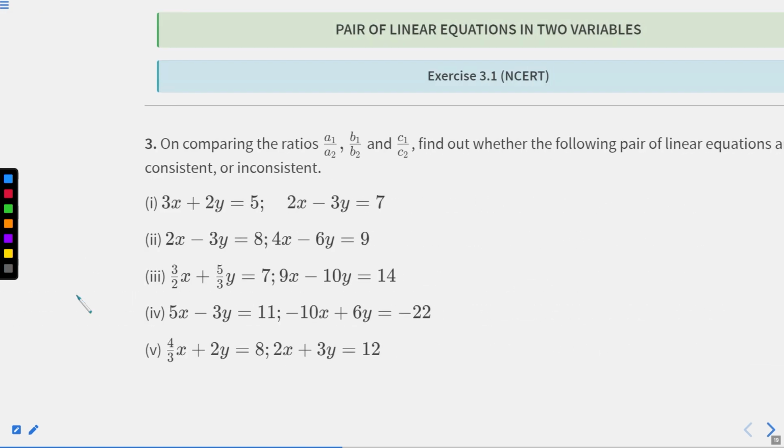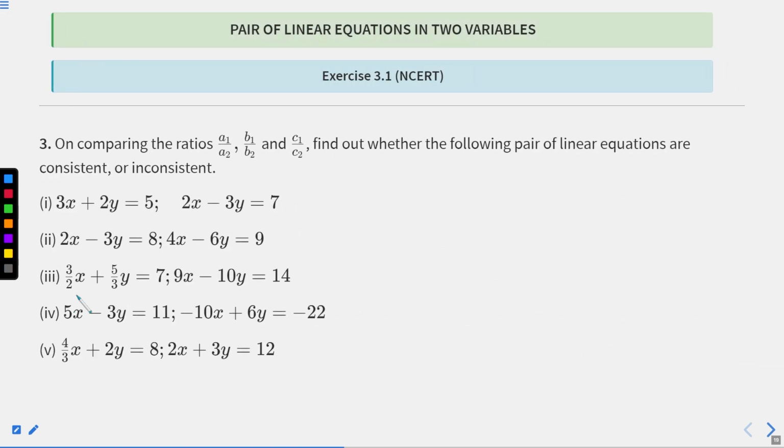So now let us move to question number 3. In this question, we are comparing the ratios a1 by a2, b1 by b2, and c1 by c2. Find out whether the following pair of linear equations are consistent or inconsistent. Here we have been given this pair of linear equations.